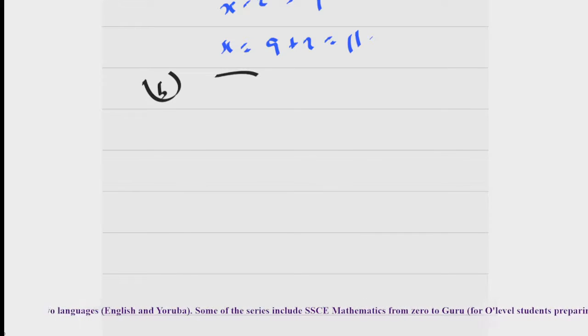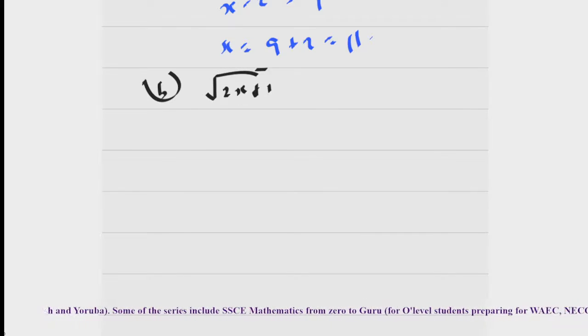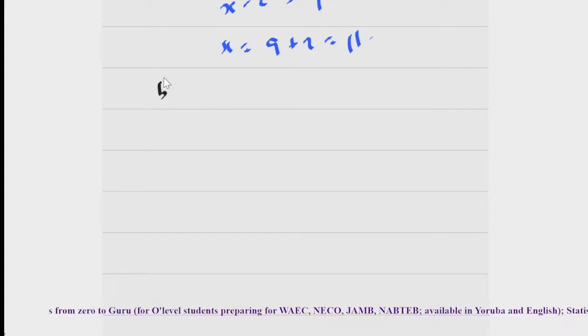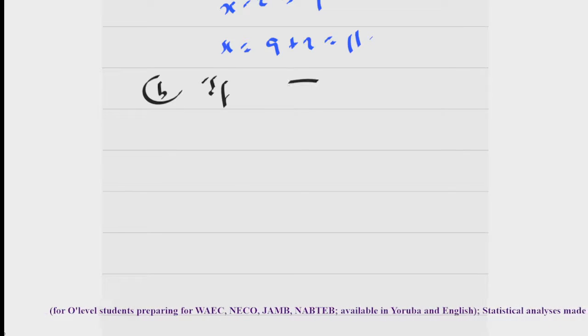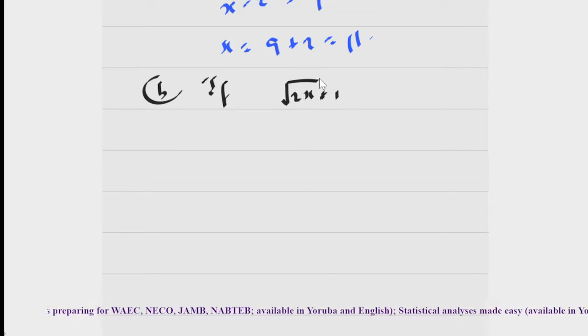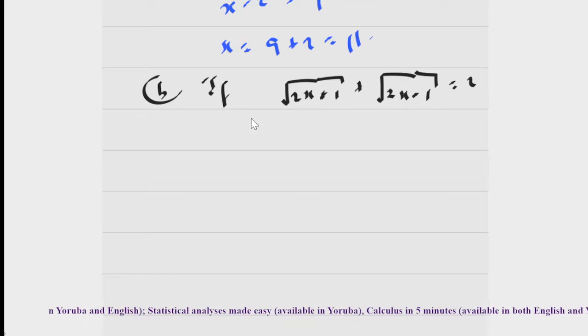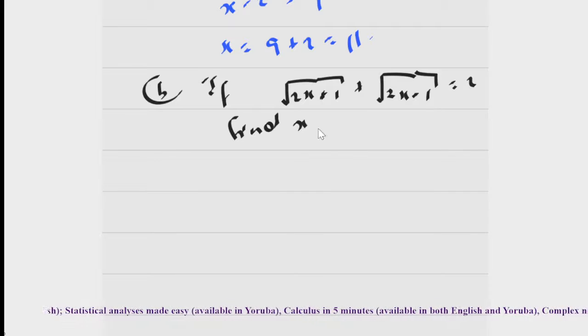So I have the square root of 2x plus 1. Let me write it very well. If the square root of 2x plus 1, plus root of 2x minus 1, is equal to 2, find x.